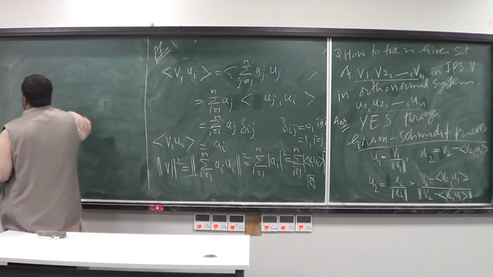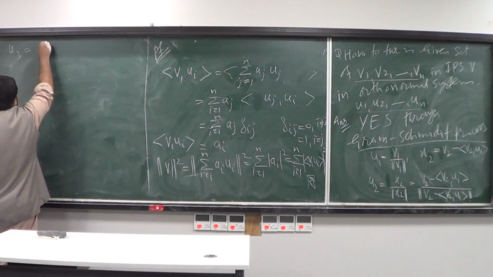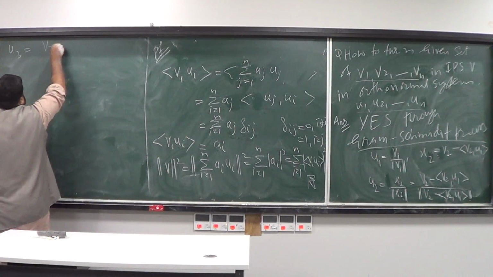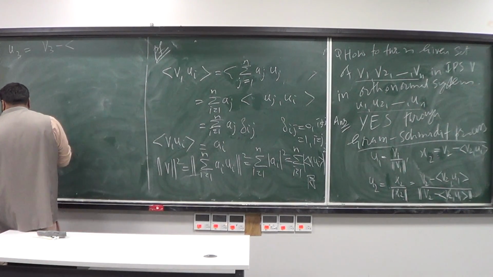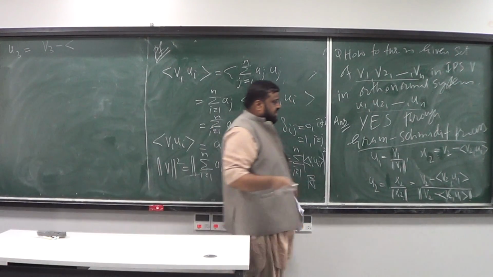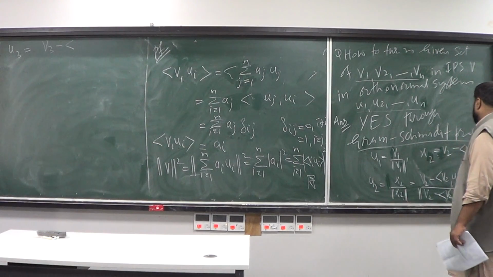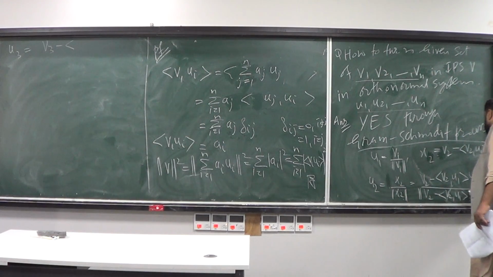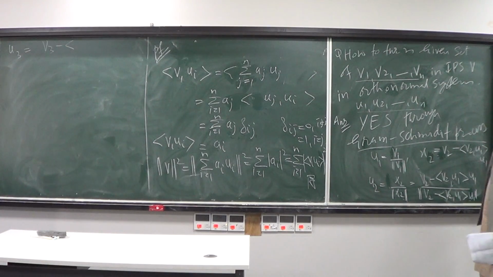So what would be u3, for example? Take your v3 and subtract the inner product of v3 with u1 times u1. I must say that here it should be u1, because this is a scalar.